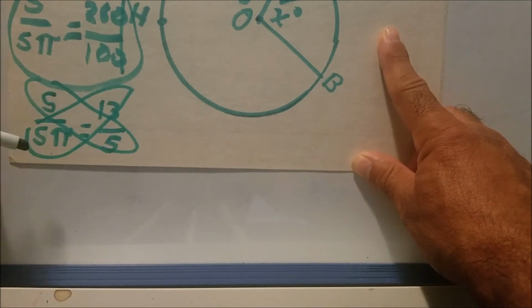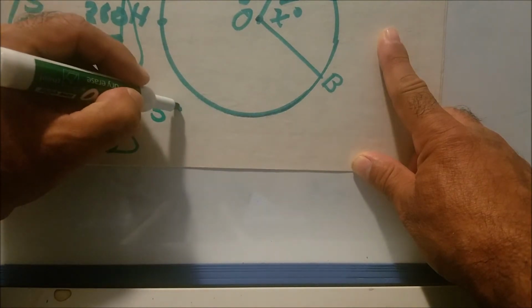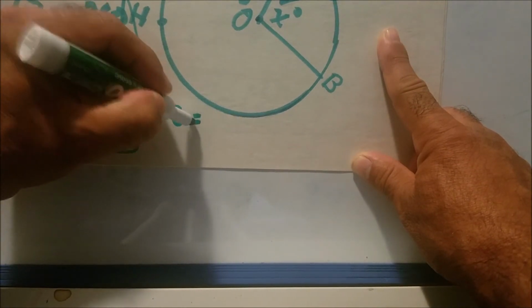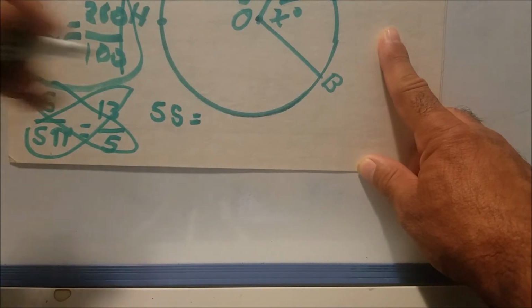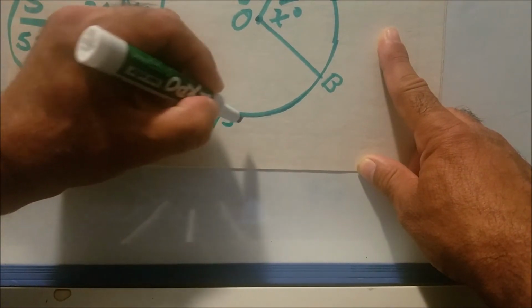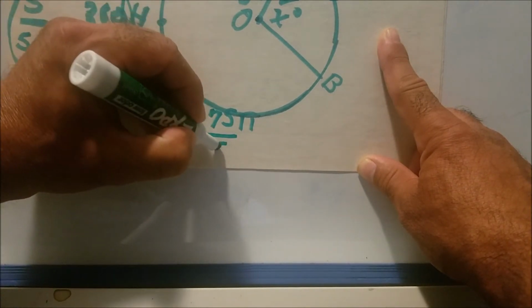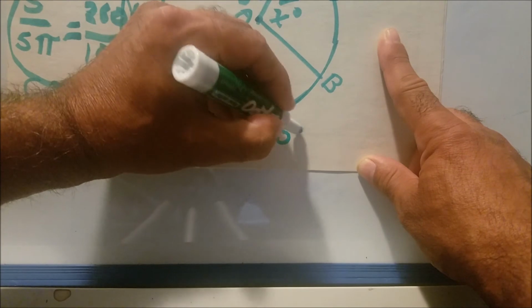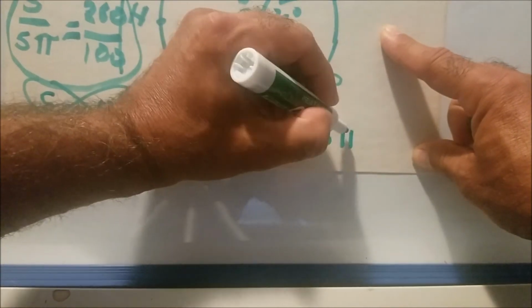Remember, that's an S, not a 5. So this will be 5S, and then it'll be 13 times 5, which is 65 pi. And we just do simple algebra, divide the 5 out on both sides. And S will be 13 pi. That's how we got it, 13 pi.